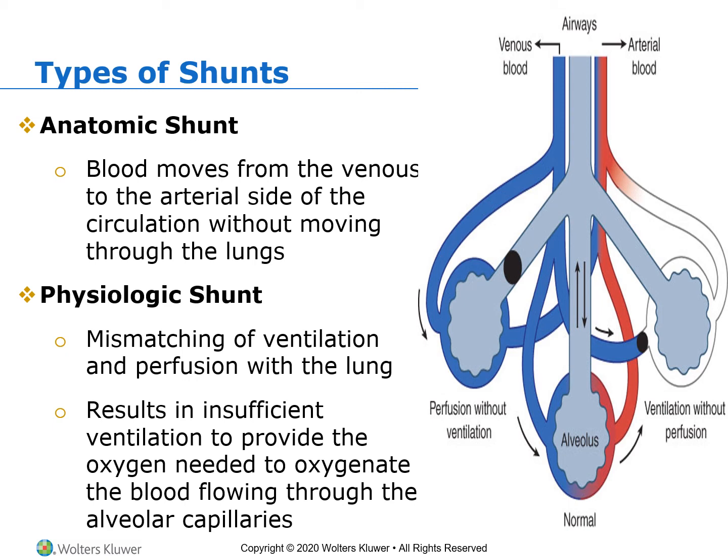In the first one to the right, you have perfusion but without ventilation because the ventilation is stopped. Here you have ventilation but without perfusion. So this is what they mean when talking about shunt, where things are supposed to happen but they're shunted.